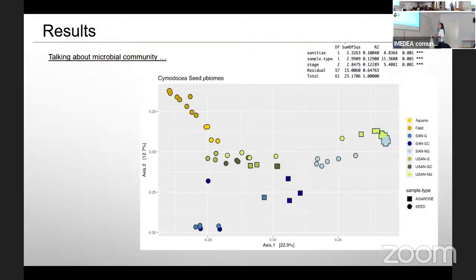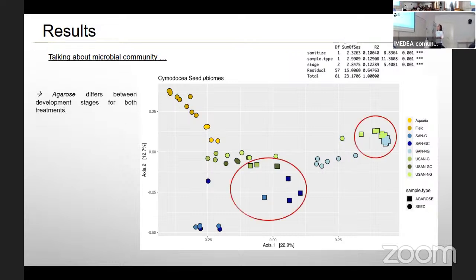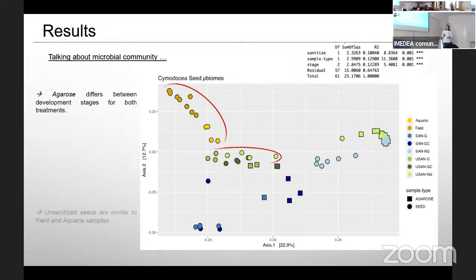So now we know that there are differences in richness, but we want to see how similar or different these microbial communities are. So we are going to check this figure in different parts. First of all, we can see, of course, that the agarose for both treatments changes from time 0, where the seed is just planted, to when the seeds are growing, as the microbes are colonizing the agarose.